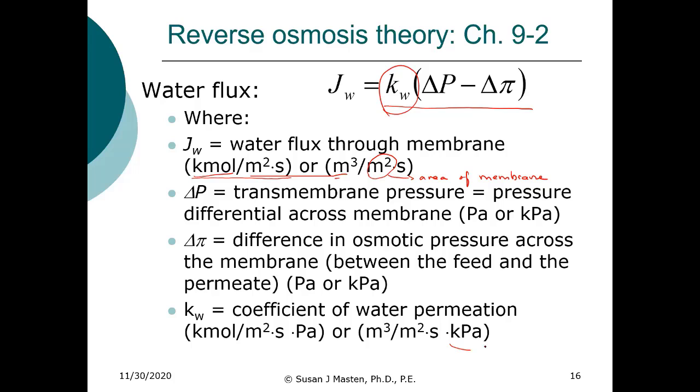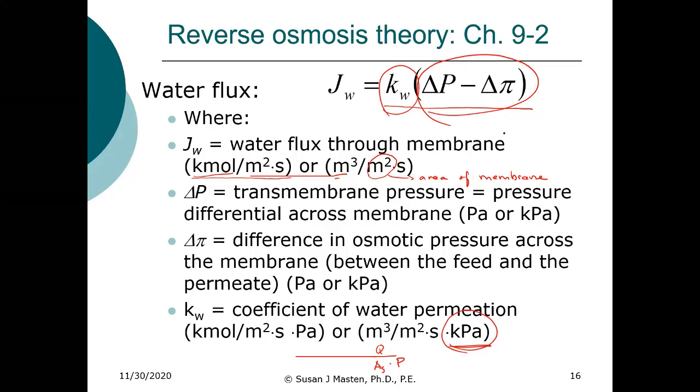And notice here, it's your flow divided by the surface area of the membrane times the pressure. So it's a specific coefficient, really. Since we've included pressure, it's dependent on the pressure.